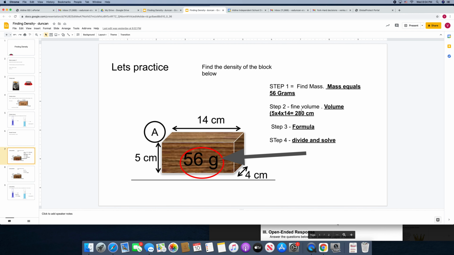The second step is to find the volume. And here you do 5 times 4 times 14 to give you 280 centimeters for the volume. The third step is to use the formula. And then the fourth step is to divide and solve.